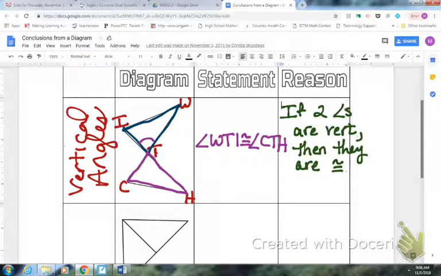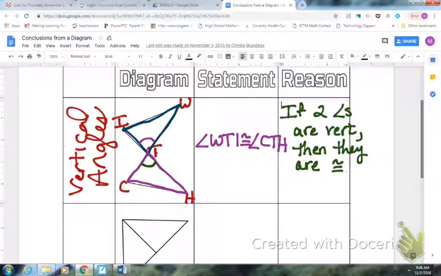So again, anytime you add vertical angles to the picture and you want to state that they are congruent, when you provide a reason, this is what you're going to write: if 2 angles are vertical, then they are congruent. Trying to slowly step through this. Like I said, you're going to be supplying reasons today.